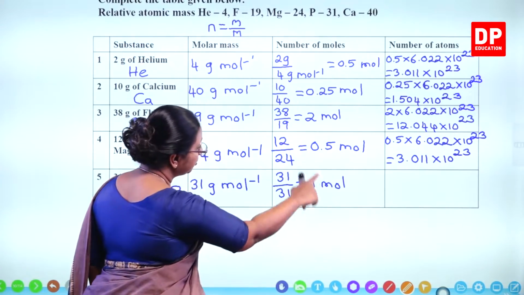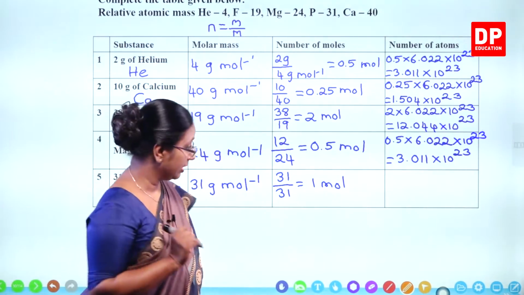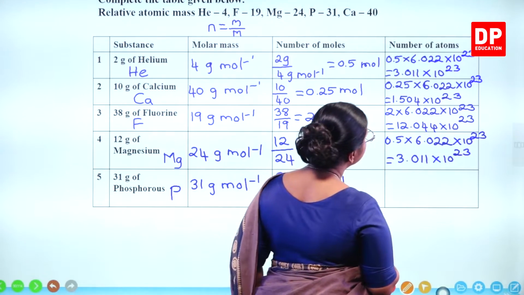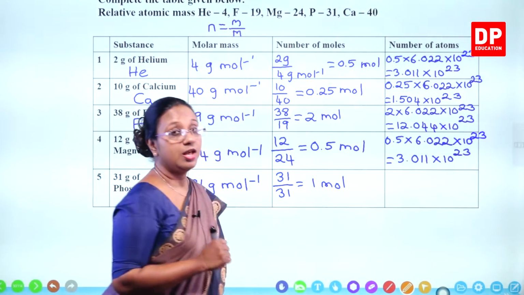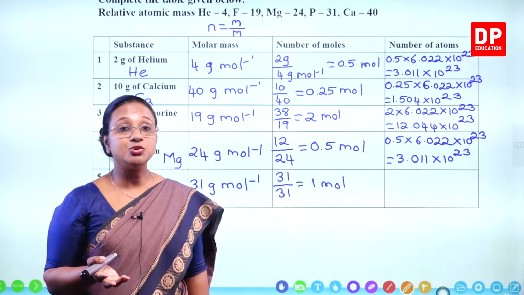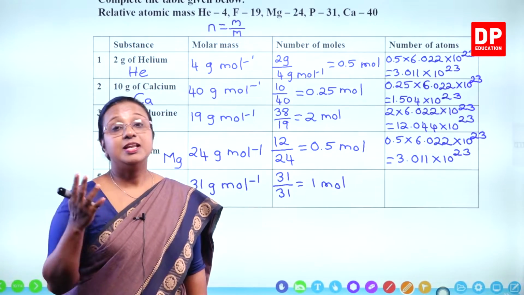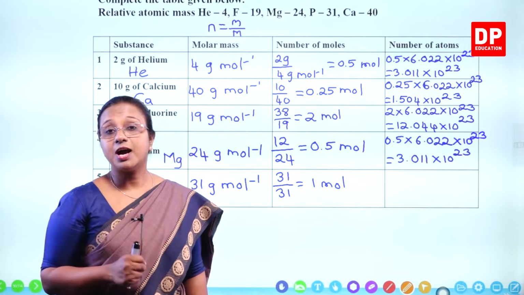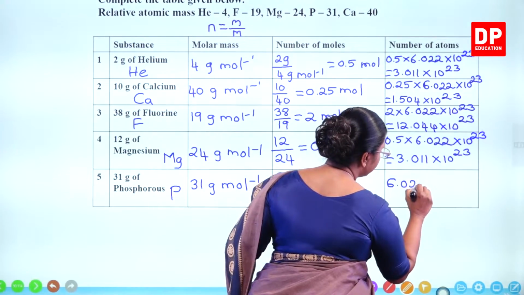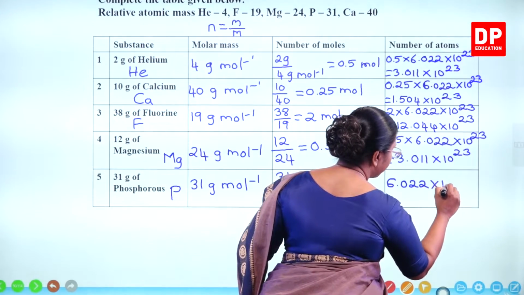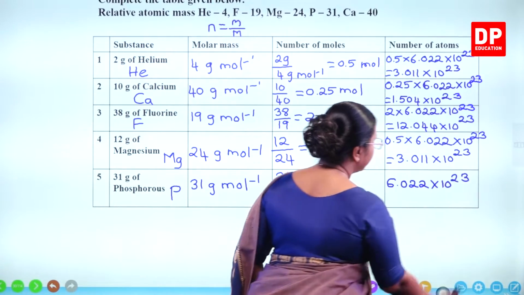So in both you have to write the units. Then what are the number of atoms? Since it's 1 mole, do you have to multiply and show? No need. It is equal to Avogadro constant, that is 6.022 into 10 to the power of 23.